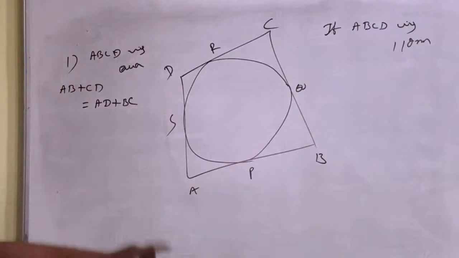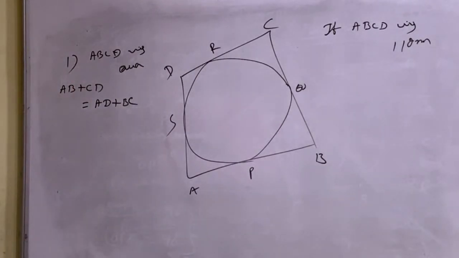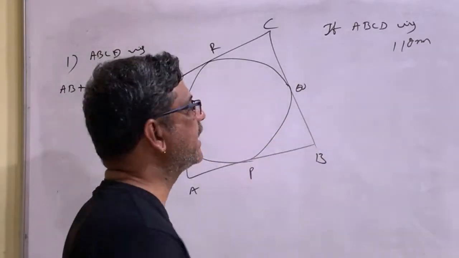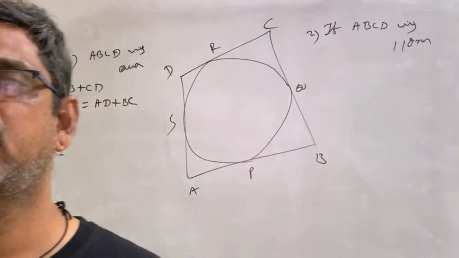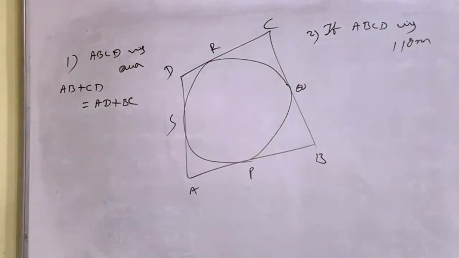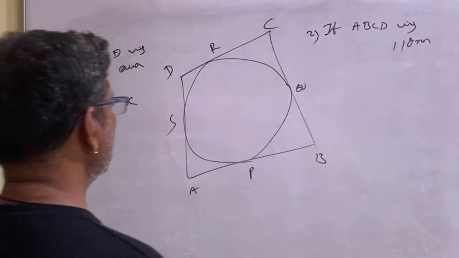Then sum of opposite sides are equal. It is neither a parallelogram nor a rectangle. But here, in the second case, given ABCD is a parallelogram and it circumscribes a circle, then it becomes a rhombus.